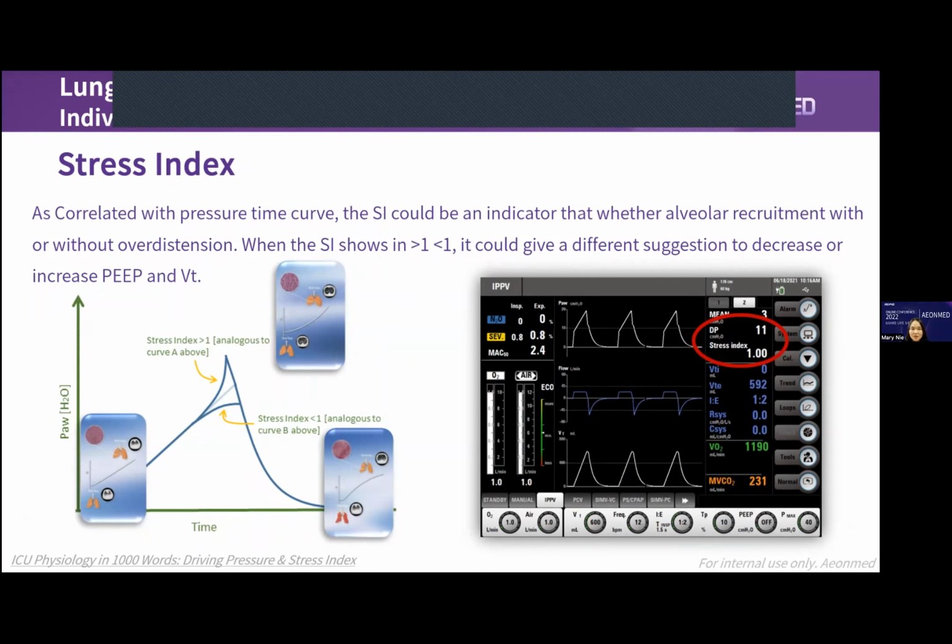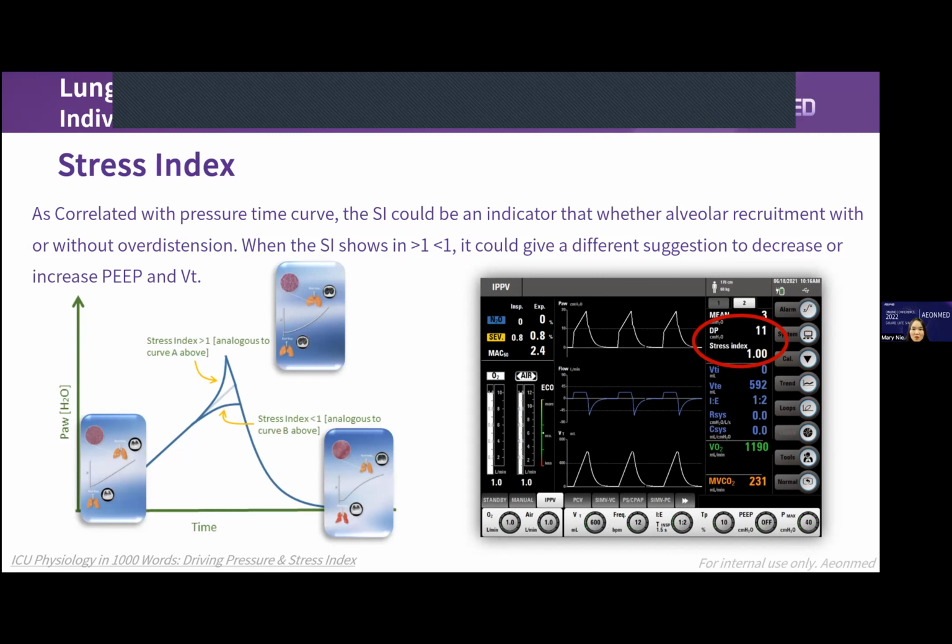And also the stress index. We can combine them together to see. This one, stress index, is also a monitoring parameter. Usually we talk about this in our ventilator or critical care area more openly, but here we put it on the anesthesia machine, and we can combine this driving pressure and the stress index together to give a judgment whether my patient's tidal volume and PIP is suitable for these patients.